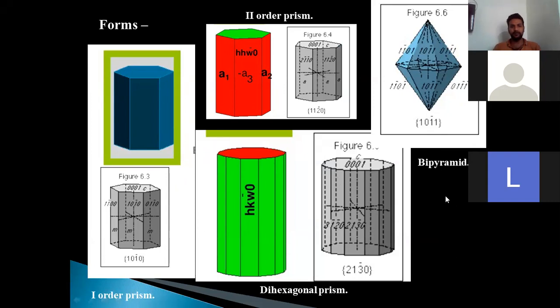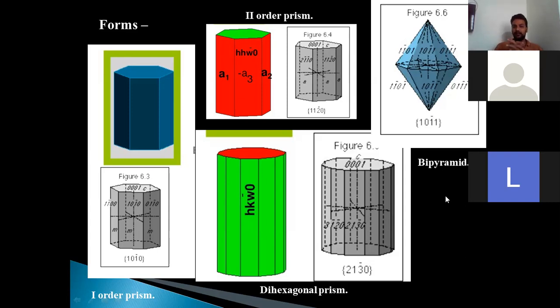Here you can see these prisms are quite different from the tetragonal system. You can see here the prism of first order and the prism of second order. The prism of first order and prism of second order are the same, only the orientation of axis is different, because of which their notations are quite different.